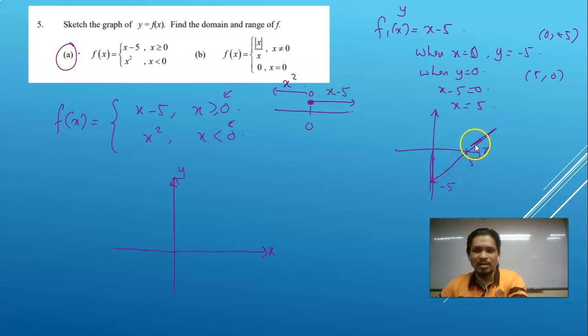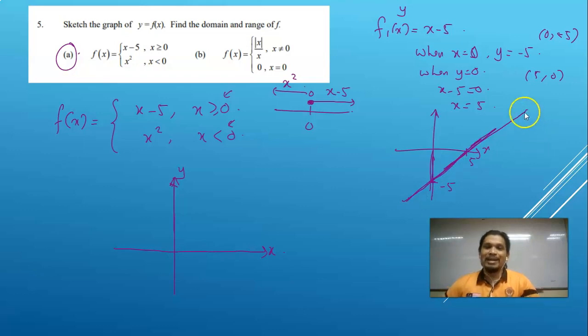Okay, like something like this. I'm not using a ruler for this one. Okay, so this is the graph of x minus 5 in general, because all values of x can be used, we substitute, then it makes the function defined.